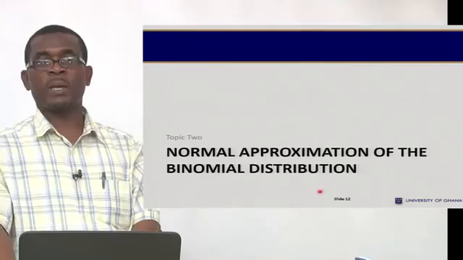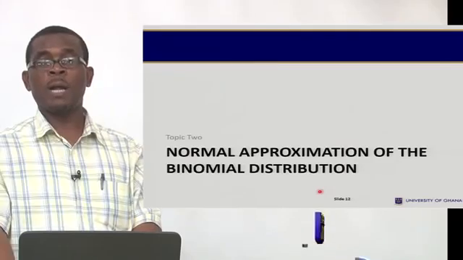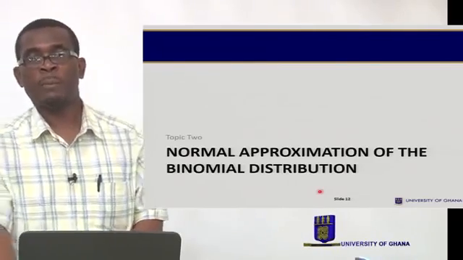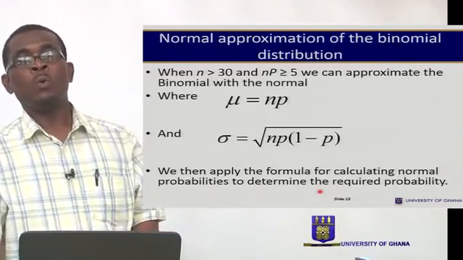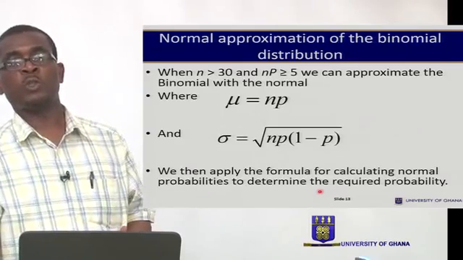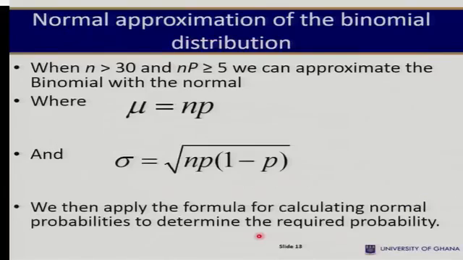Now, the next topic is to talk about the normal approximation of the binomial. We can use the normal distribution to approximate the binomial. In other words, you have a problem that seemingly is a binomial situation, but you don't use the binomial formula that we discussed earlier to solve it, but rather you use the normal.